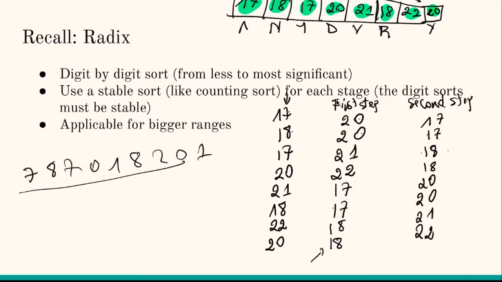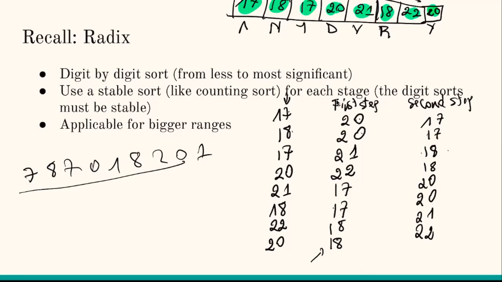Do you understand why it's important to have stable sorting here? If it's not a stable sort, you may have 21 before 22, and this is wrong. Because the sorting preserves the order of the original sequence, that's why Radix Sort works. Does that make sense? So stability is very important in Radix Sort. Otherwise, it will not work, okay?